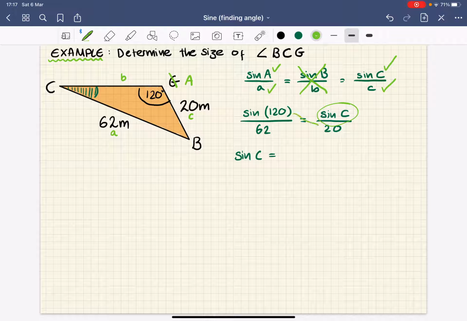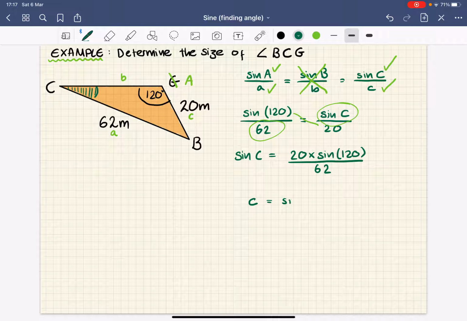Multiply across that diagonal. Actually, I'm just going to put the 20 at the front. And then I'm going to divide by the last thing on the bottom. Then to get the C on its own, I do the sine inverse of that whole fraction.